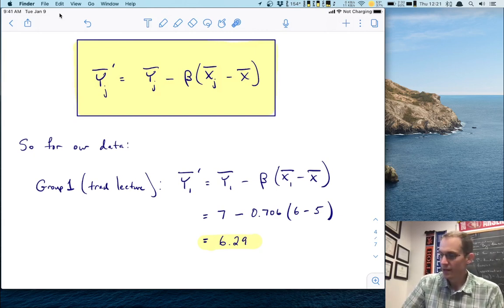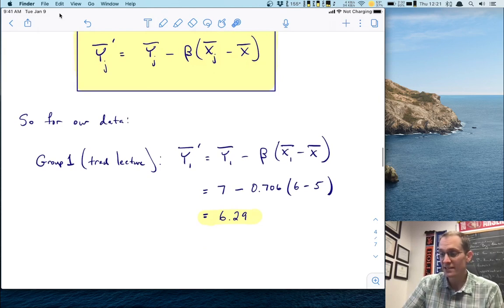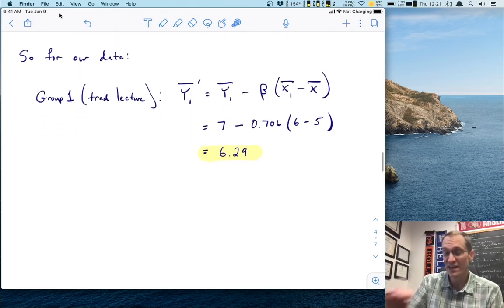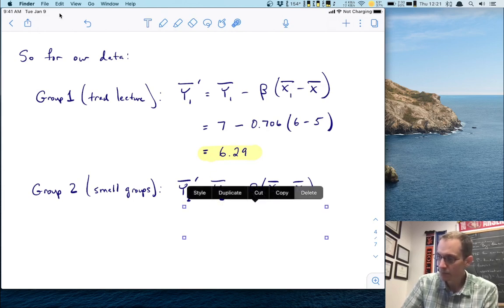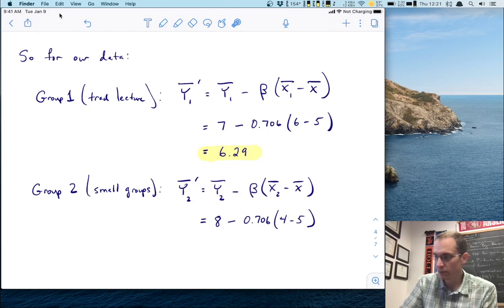Okay. Now we do the same thing. This doesn't really make sense unless we do it in comparison with the other groups. So let's do that. Group 2, the formula works the same. I just put a 2 everywhere. The original group mean for group number 2 was 8. Slope is still 0.706 because those lines are parallel.